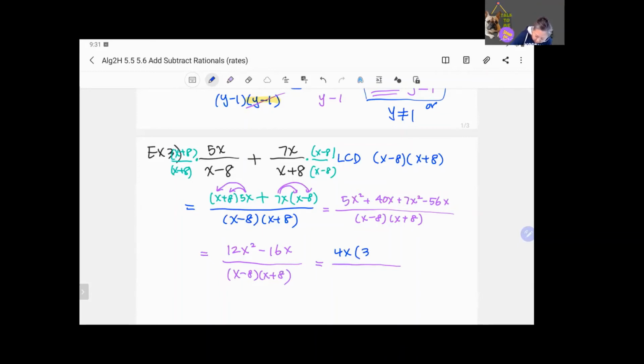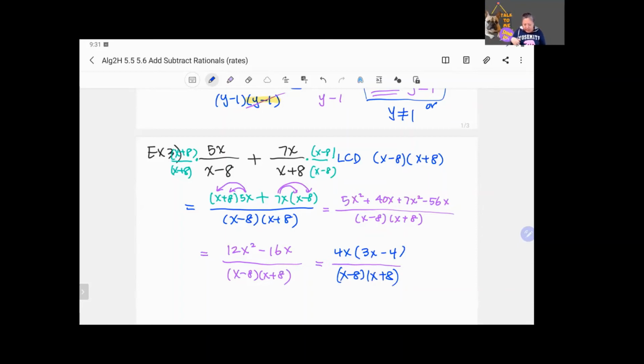Then it's going to be 3x inside, so that it makes 12x squared. And then it's negative 4 here. Then x minus 8 and x plus 8.